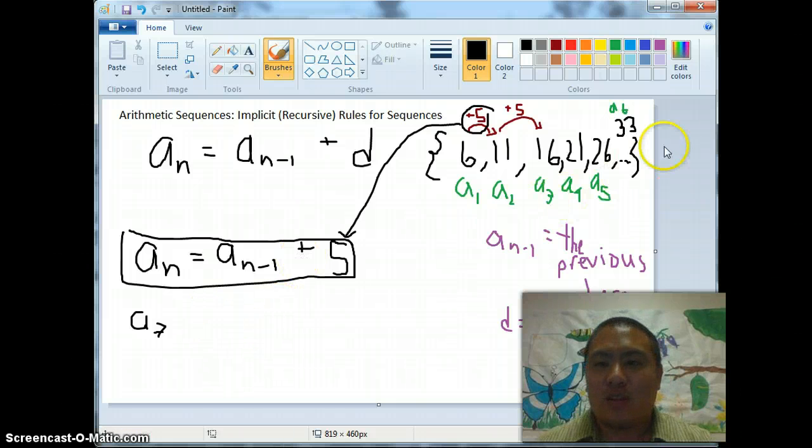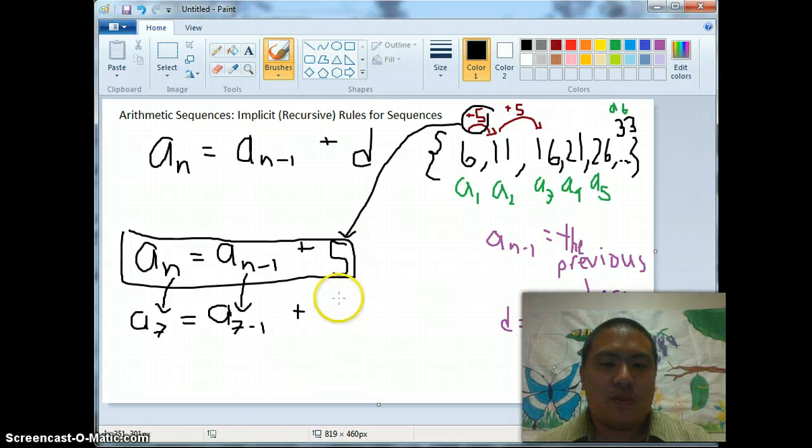So I'm looking for the 7th term, the one after a sub 6, and a sub 7 is equal to a sub 7 minus 1, because in this case you change this n to 7, well, you have to change this n to 7 as well. Okay, so a sub 7 minus 1 plus 5. Well, really you have a sub 7 is equal to a sub 6, right, because 7 minus 1 is 6, plus 5.